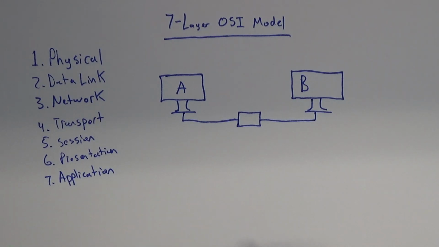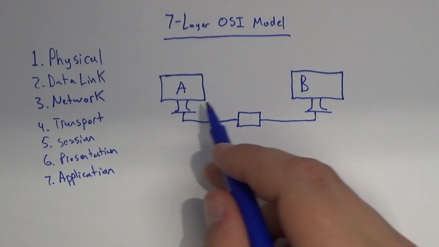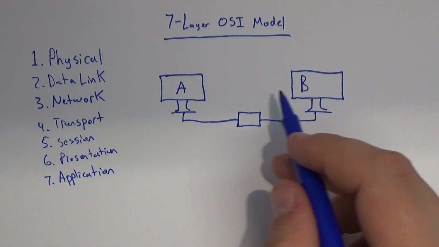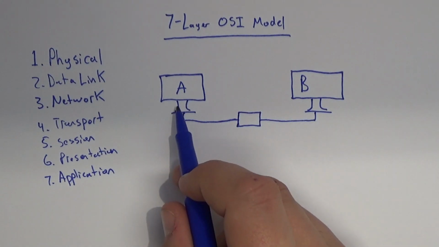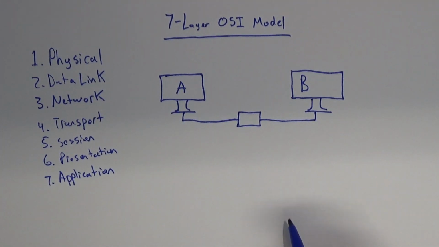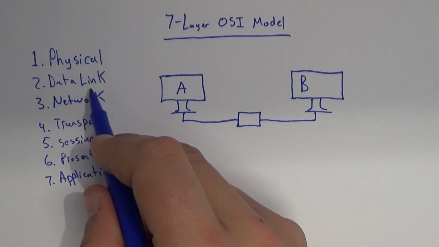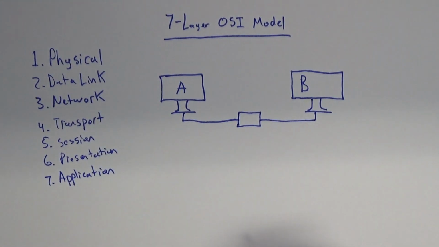So in layer 2, we're asking, well, we can send signals back and forth, but how do we actually know that this is computer A, that this is computer B? How do we make sure that computer B receives the signal from A, etc.? And so usually when we talk about layer 2, the big thing that we want to deal with there is MAC addresses.